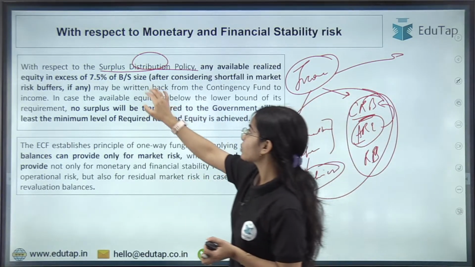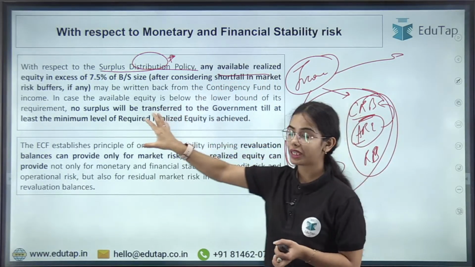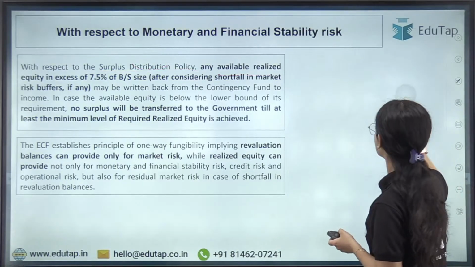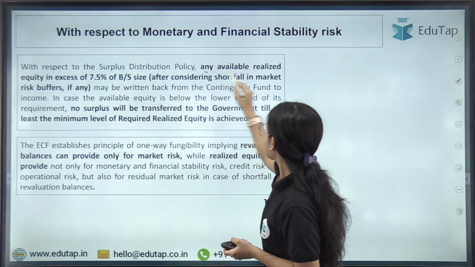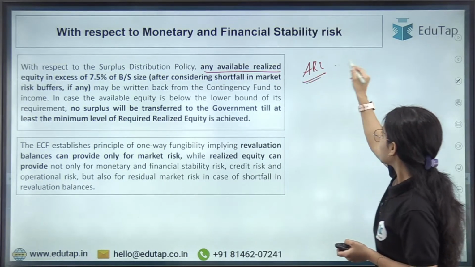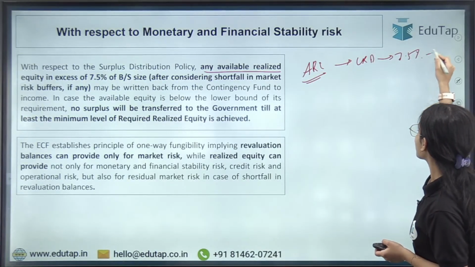Now, with respect to the surplus distribution policy, any available realized equity in excess. So let's say the contingent risk buffer has to be maintained at 7.5% of the balance sheet.